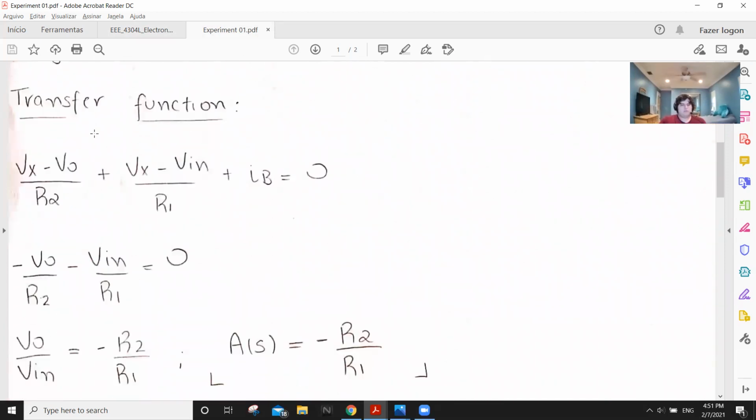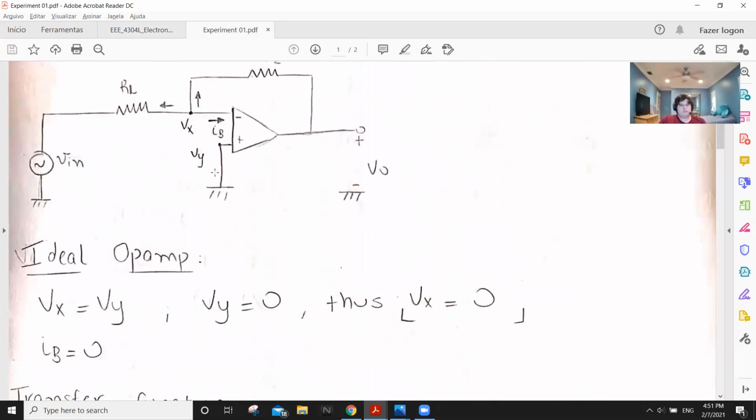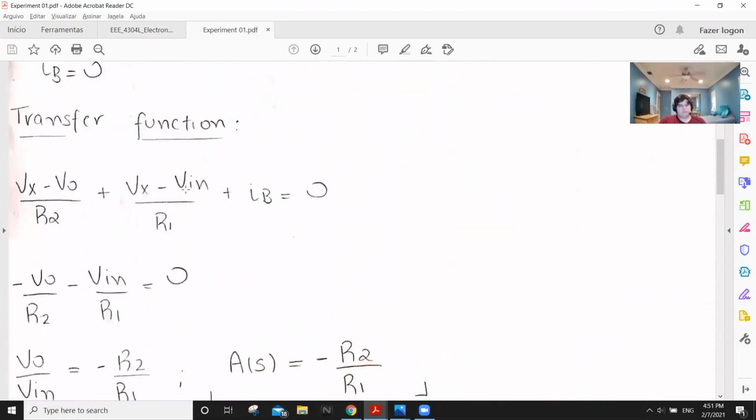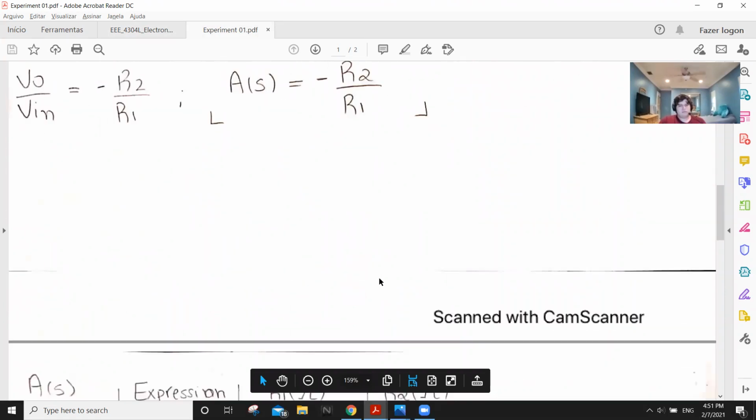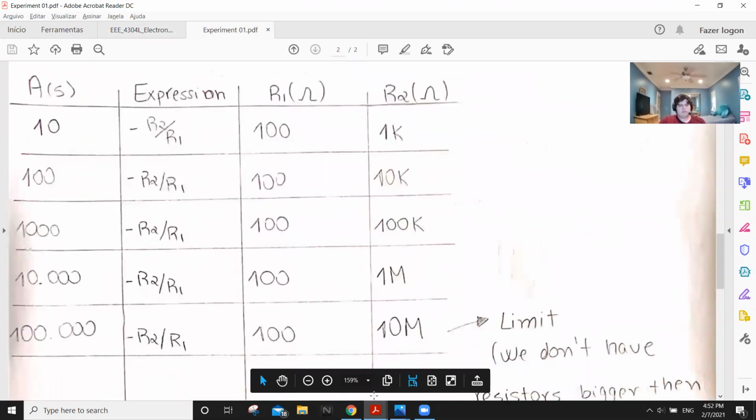So analyzing the transfer function via node analysis, we can check that the transfer function of this circuit is R2 over R1. Based on the gains that section 1 is asking us to do, we got a gain of 10 based on this expression, keeping R1 as 100 ohms for every single experiment.